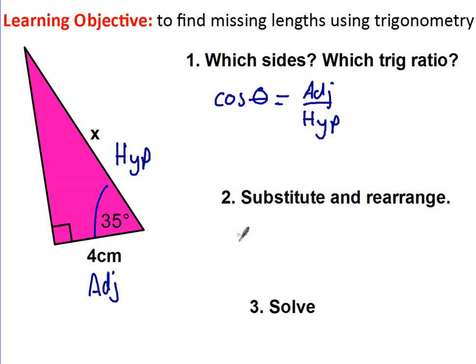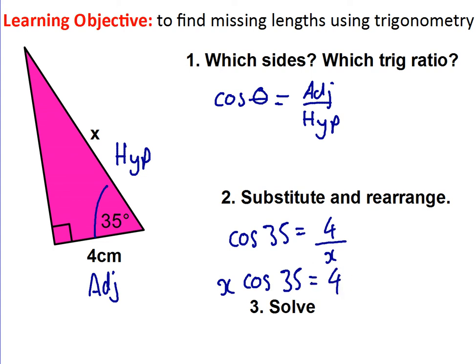Substitute and rearrange. Well, let's see what we've got. We've got cosine 35 equals the adjacent, which is 4 centimeters, all over the hypotenuse, which is x. And now I need to rearrange that to make x the subject of the equation. So if I multiply both sides by x, then I get x cos 35 equals 4.